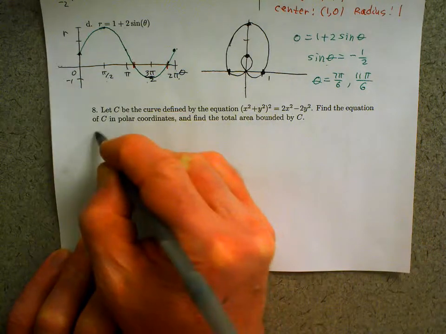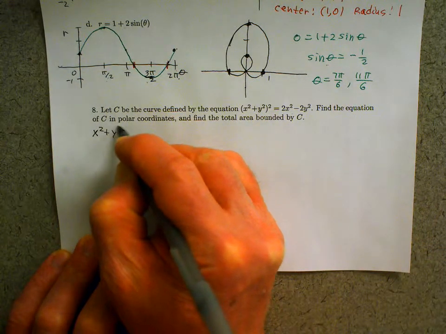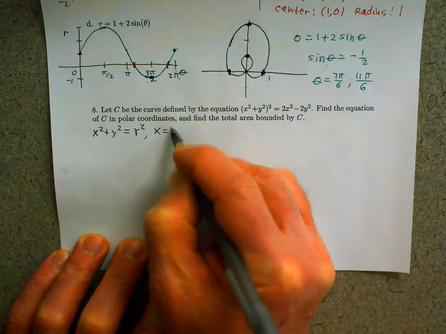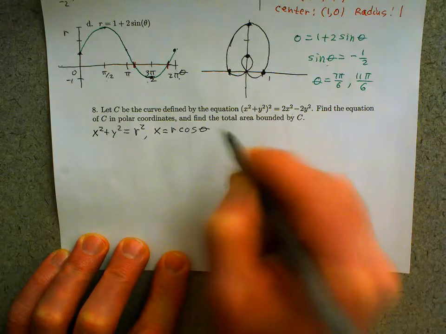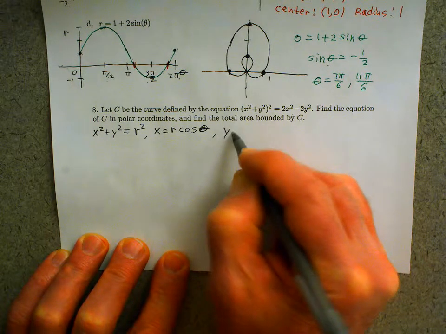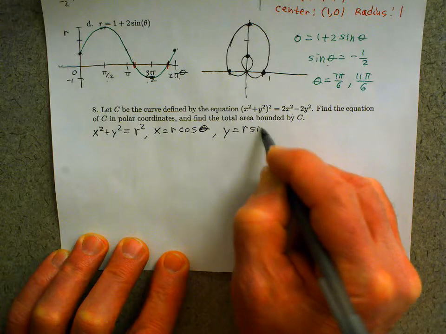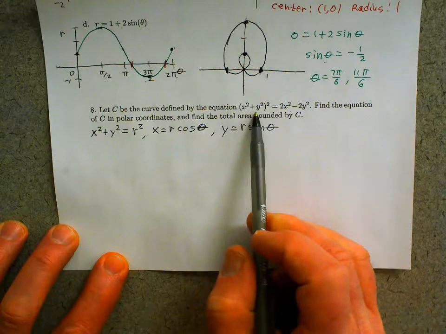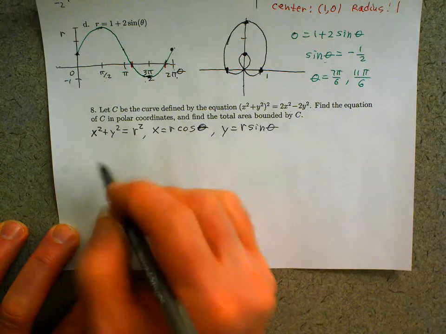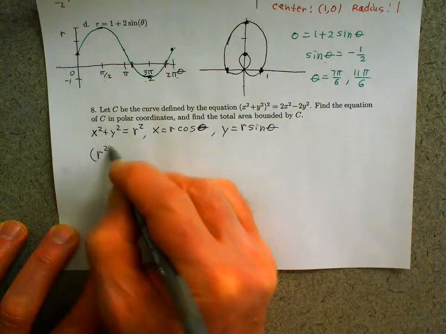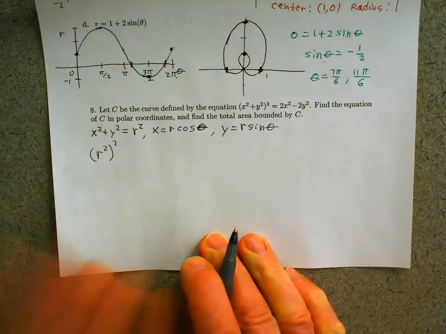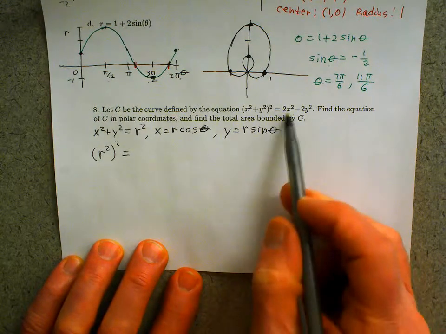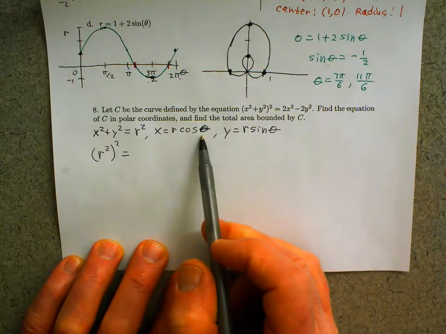Okay, so we know that x squared plus y squared is r squared, and x is r times cosine of theta, and y is r times sine of theta. So our first substitution, replace x squared plus y squared with r squared, so we get r squared squared, and then that's equal to 2 times x squared, but x is r times cosine of theta.